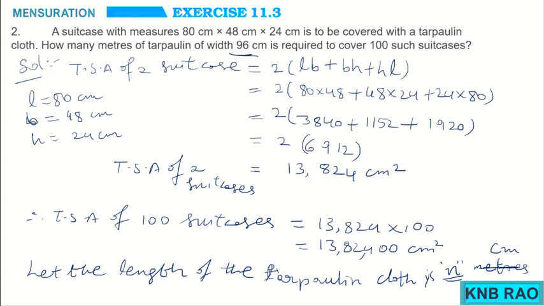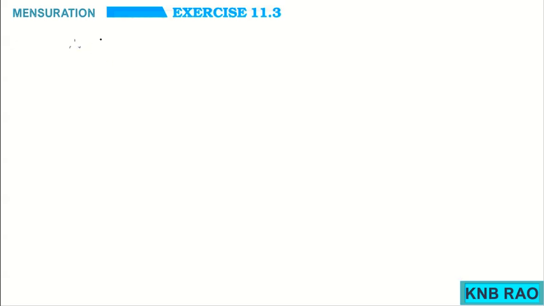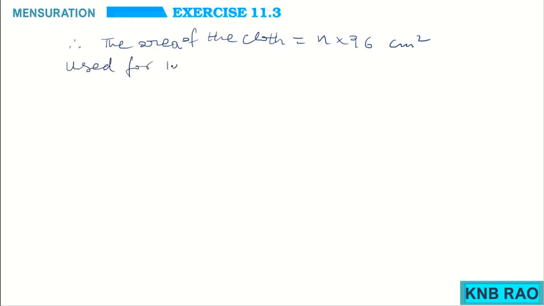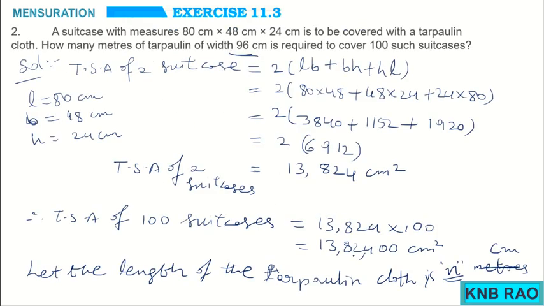Let us take another slide. Therefore, the area of the tarpaulin cloth is n into 96 centimeter square, and the area of the cloth used for 100 suitcases is n into 96, but it is given as the TSA of those 100 suitcases as 13,82,400.